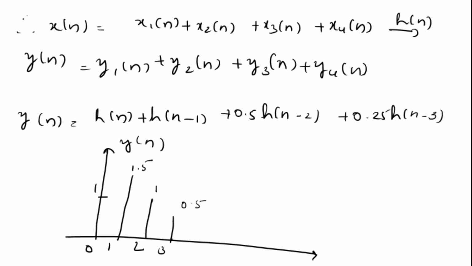At 4 we will get 0.25. At 5 it is 0.125. So this is the final answer.